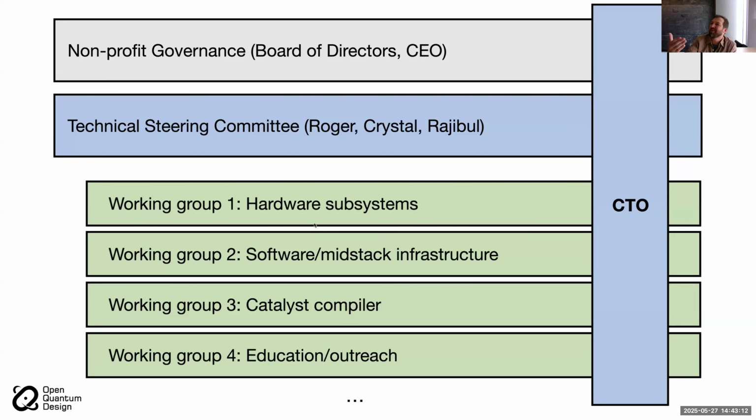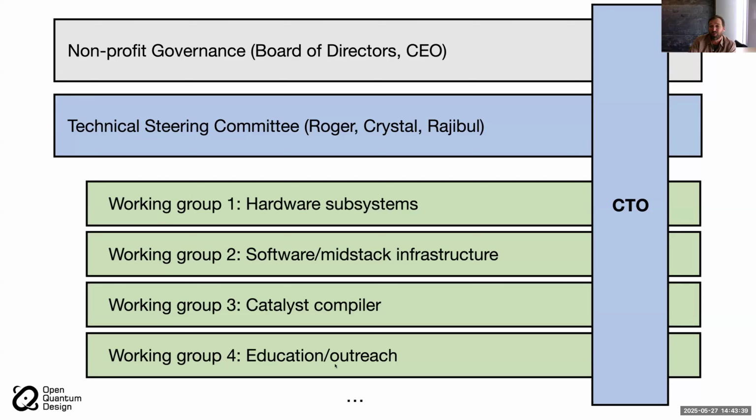And so if you join as a member, you can join an existing working group, or we can talk about a new working group. For example, we have a hardware subsystem working group that I showed you, which is the experimentalist. We have the software mid-stack working group. Theoretically, we can imagine quantum error correction working groups, or anything you could imagine. If you have critical mass, we can build working groups.